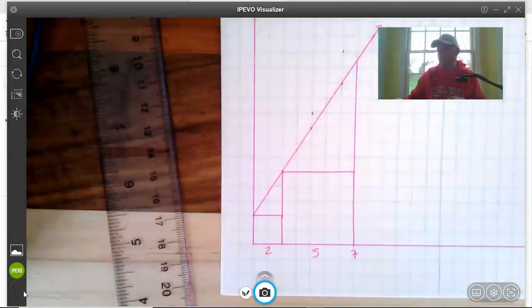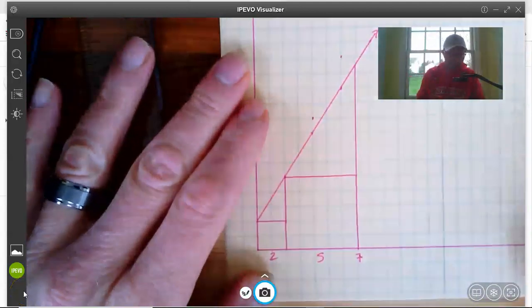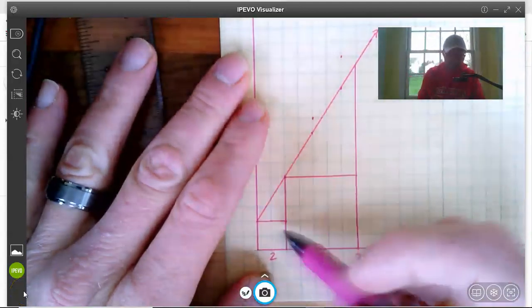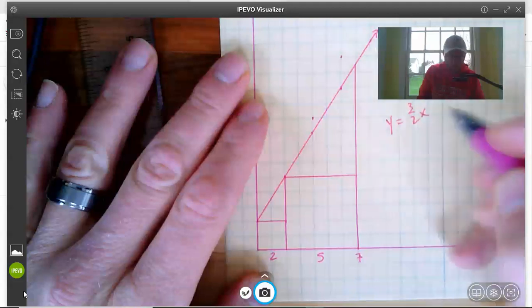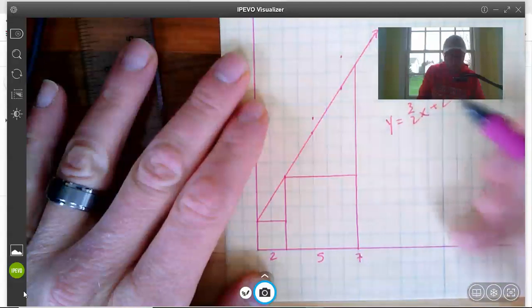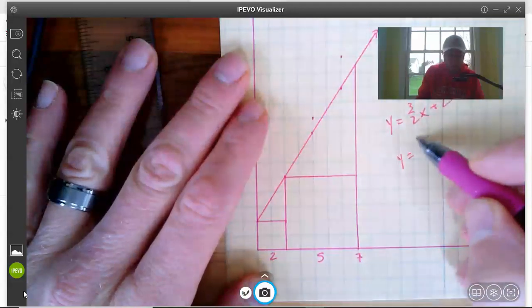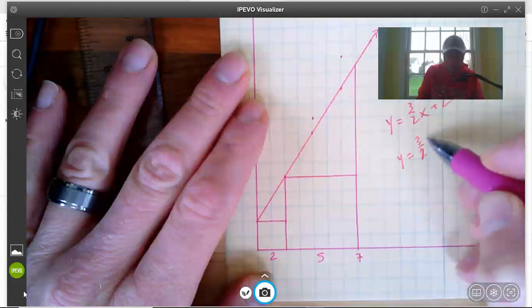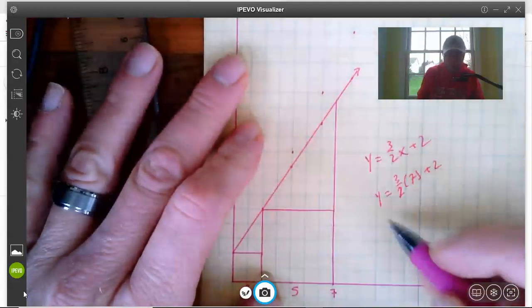Okay, first problem, two cubes, 2 and 5. Let's see. The equation for this line is y equals 3 over 2 x plus 2. And we're going to plug in 7. So y equals 3 over 2 times 7 plus 2.